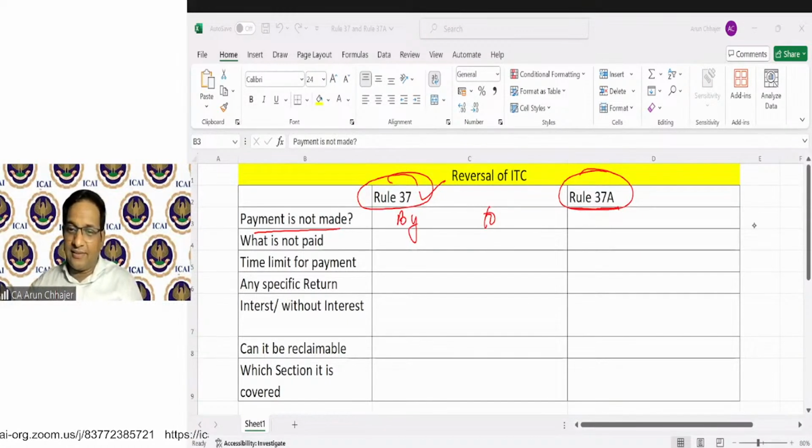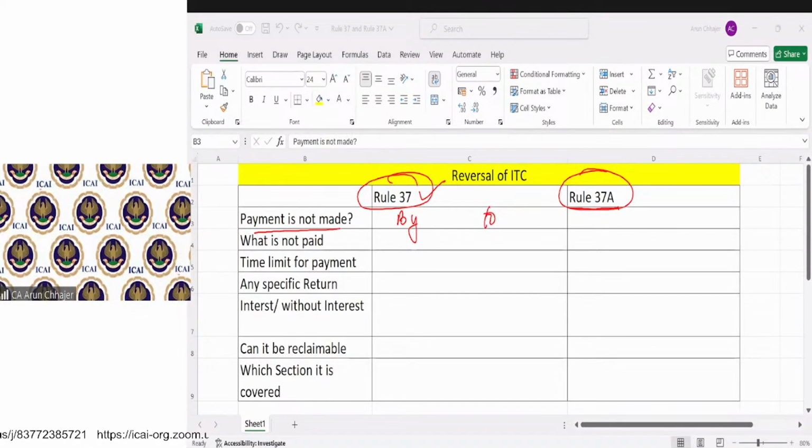Very interesting. If you are able to give the answer, it gives ample clarity to your understanding. My question is, which party is not making the payment to which party, then the reversal of Rule 37 will attract.